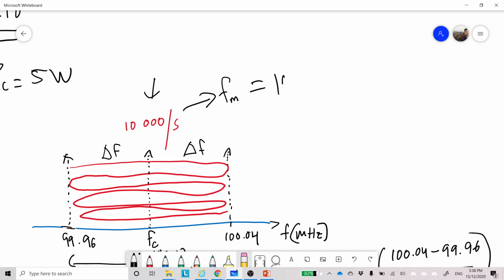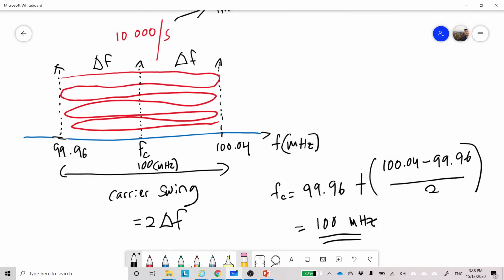So FM di sini adalah 10,000 Hertz kadar sesaat. Okay, so soalan pertama tanya berkenaan dengan carrier. Carrier berada di tengah, center of the total bandwidth ataupun the carrier swing, which is 100 megahertz.